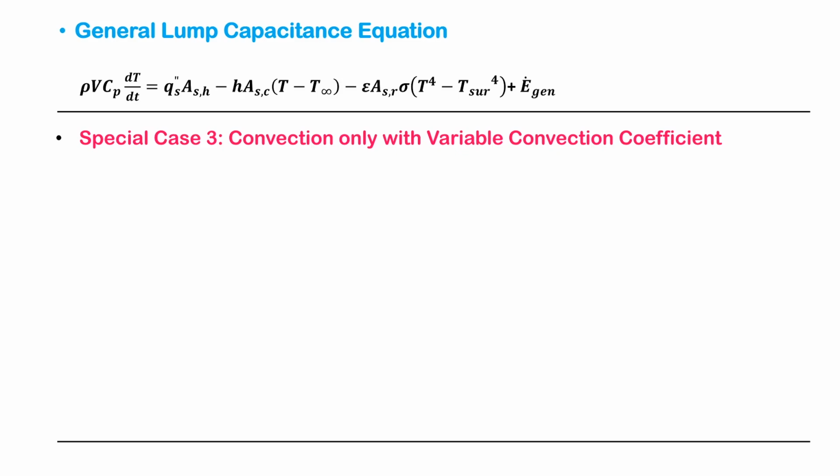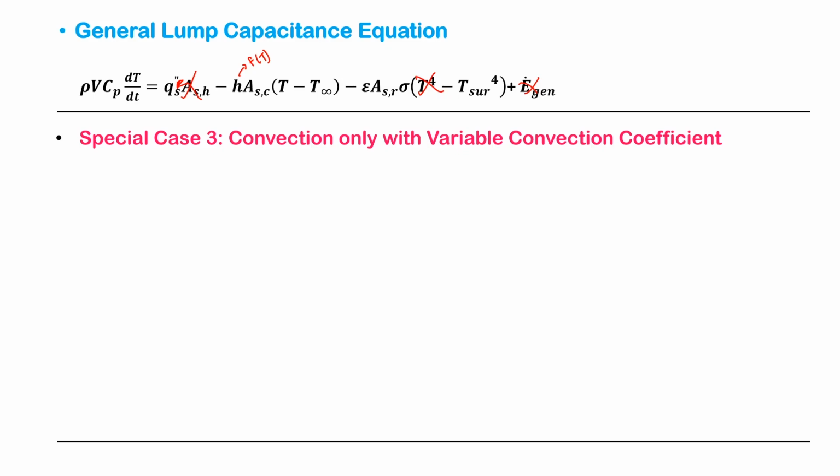Another special case is where we have convection only. However, in this case, h is a function of temperature. It's not time, temperature. This is a situation we have never done, but in chapter 6 and from chapters 8 and 9, we'll be talking about finding the convective transfer coefficient on our own, and we will see h is a function of temperature.